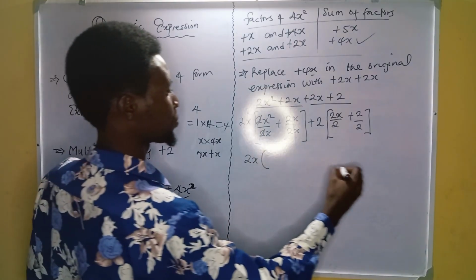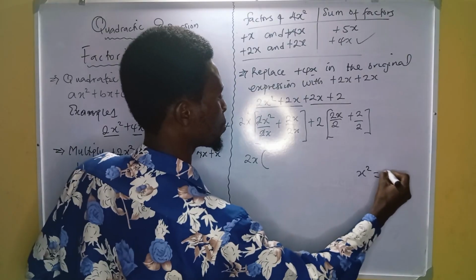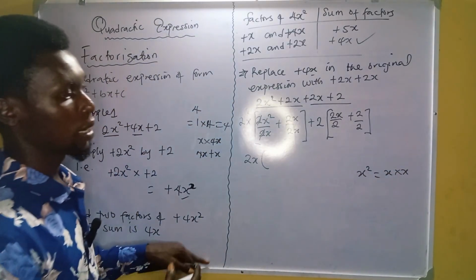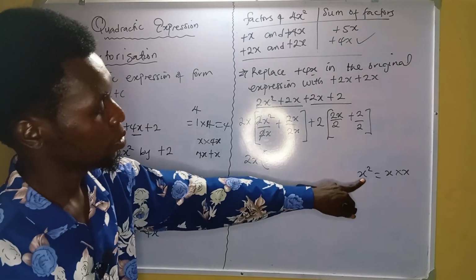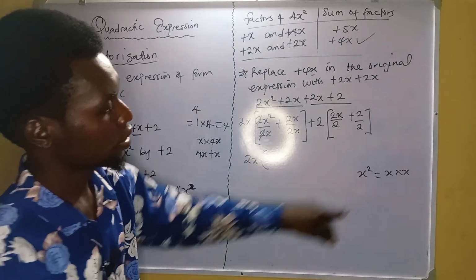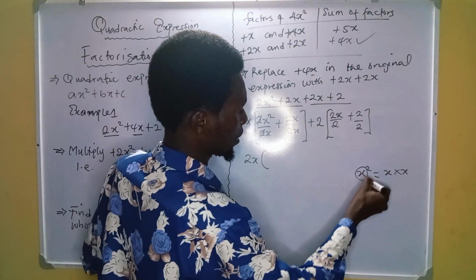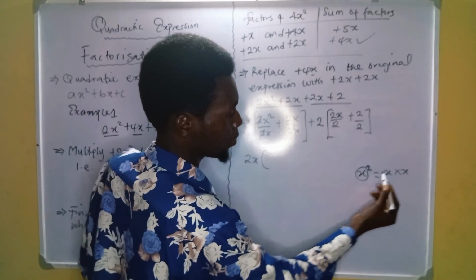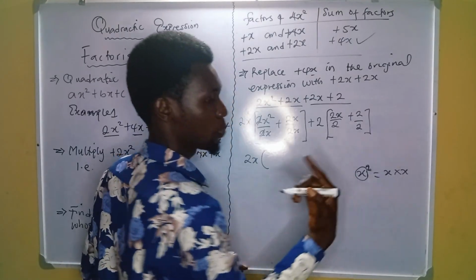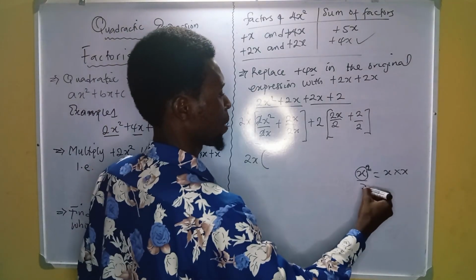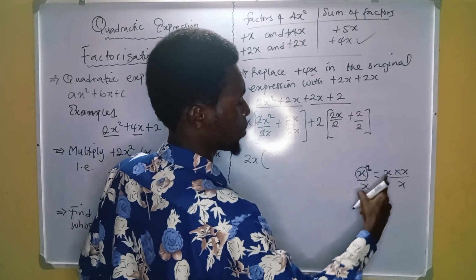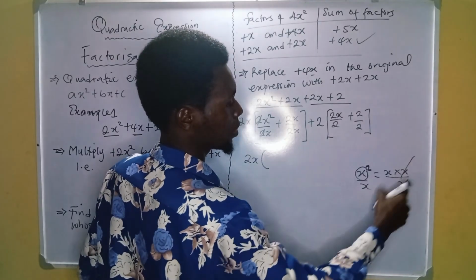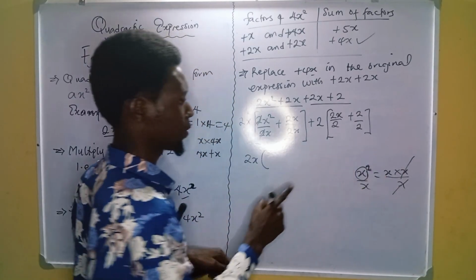Now x squared, the power tells how many places a term multiplies itself. For example, this x squared, this 2 is showing us that this x multiplies itself 2 places. So if you divide it by x, then this will be x multiplied by itself 2 places divided by x, and then x cancels x, and it will be 1 place of x that will be left.